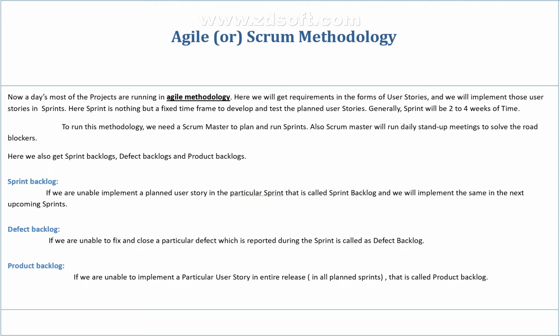They run the daily stand-up meetings to solve the roadblockers. Like I mentioned, we have 2 to 4 weeks of time. We have sprints, right? Within the sprint, user stories will be allocated in the Jira board. There will be user stories in the to-do list.